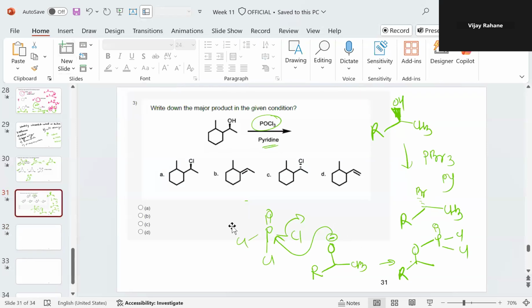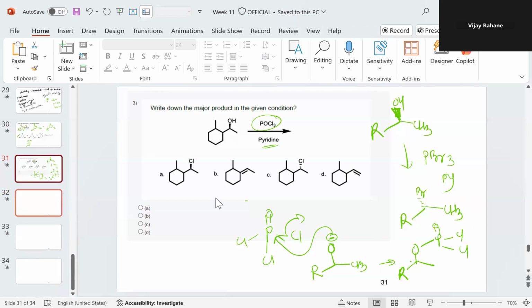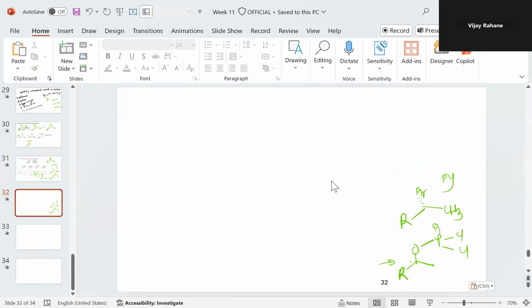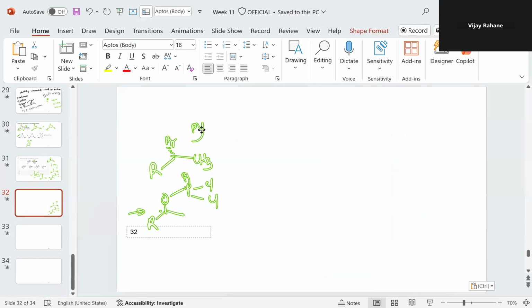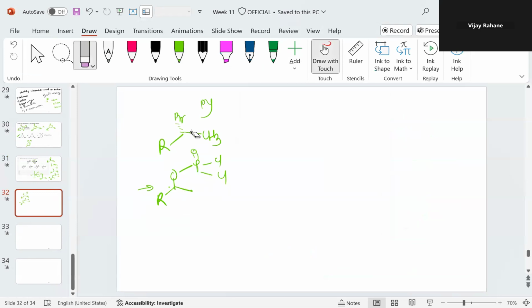Now the question is, what will happen with this intermediate? So this is the intermediate we get in this reaction.